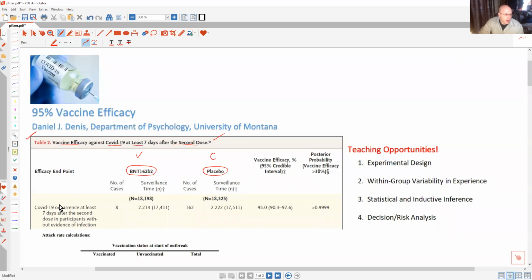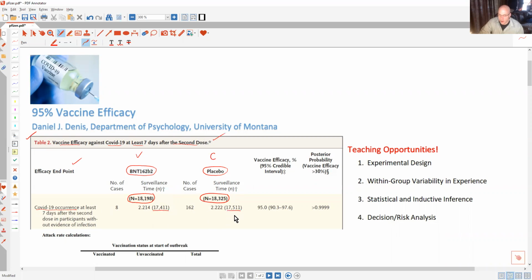Now, the outcome here was the COVID-19 occurrence. Did the person develop COVID-19 or did they not? There are N's per group. There's the N in the vaccine group and the placebo group at the given efficacy endpoint. Now, when they actually computed the 95% vaccine efficacy, they used these numbers over here.